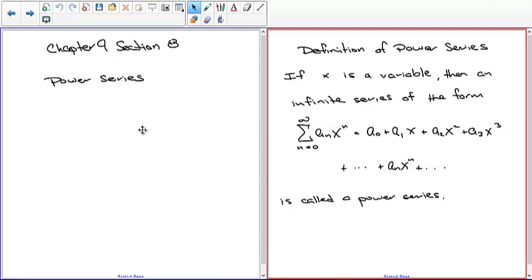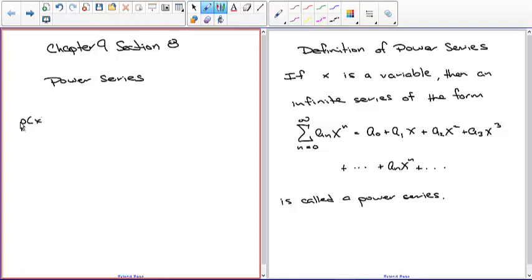But if you look back at the one we did before, the function was e to the 2x, and that was equal to 1 plus 2x plus 4x squared over 2 factorial plus 8x cubed over 3 factorial.